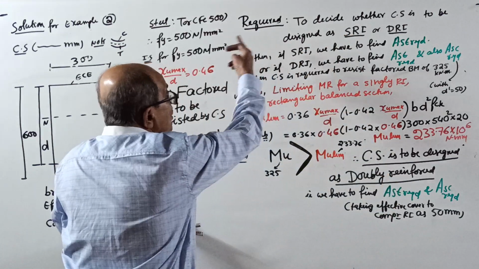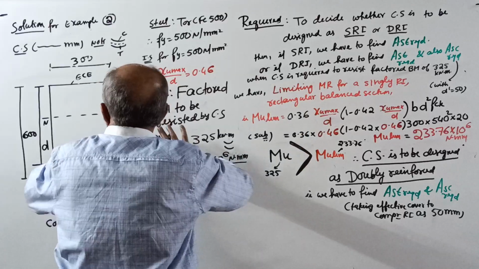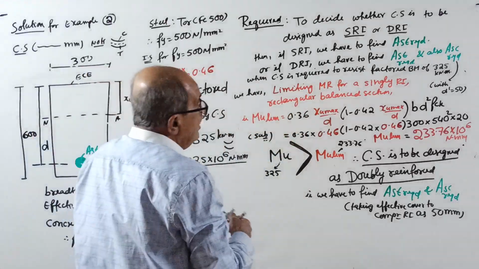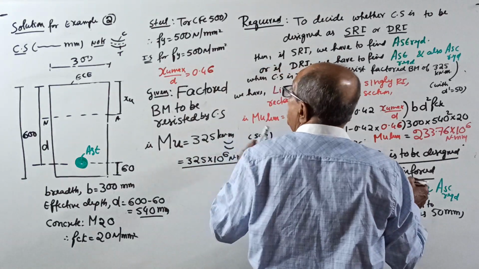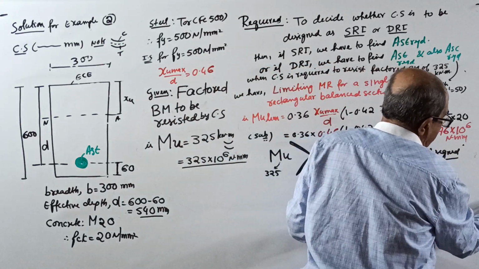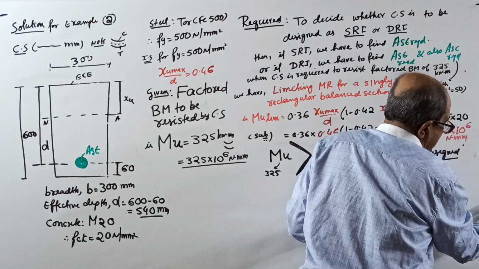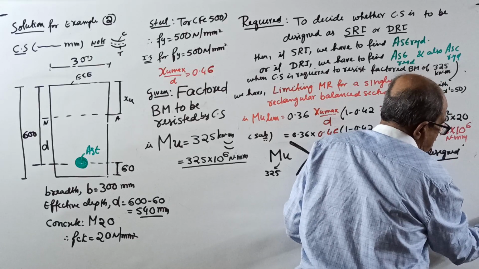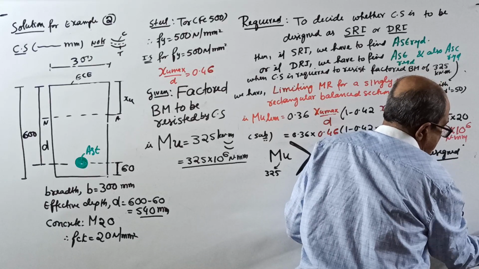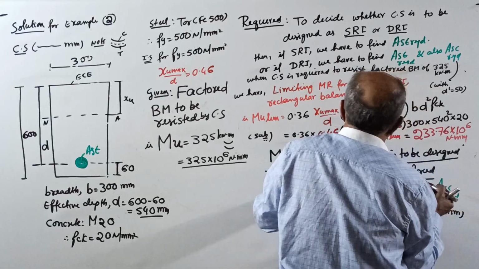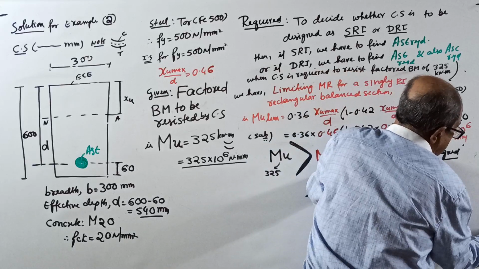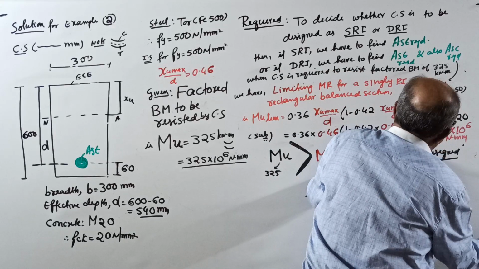This full board I am removing, nothing will be there. Therefore, I will make a small note for myself, B value, I may forget later. I write here: B 300, D 540, M20 concrete, Fe 500 steel, and then Mu limit is, where is Mu limit? 233.76.